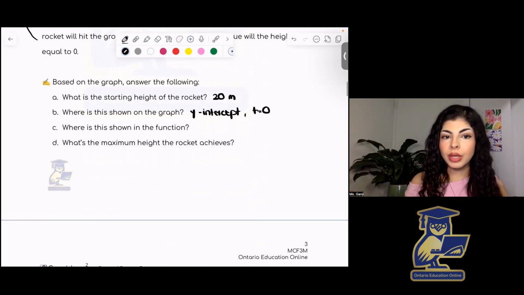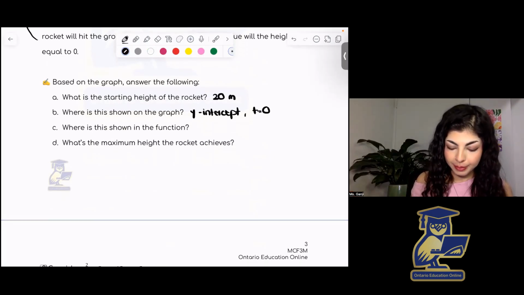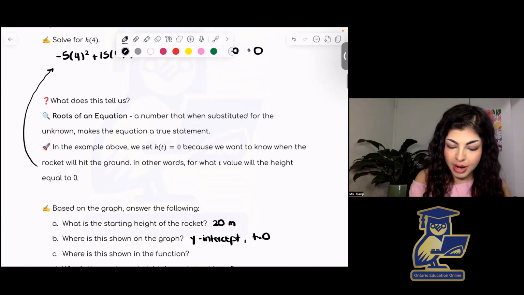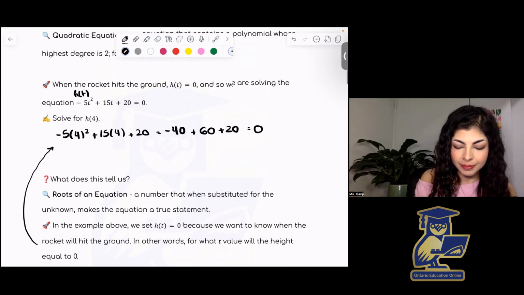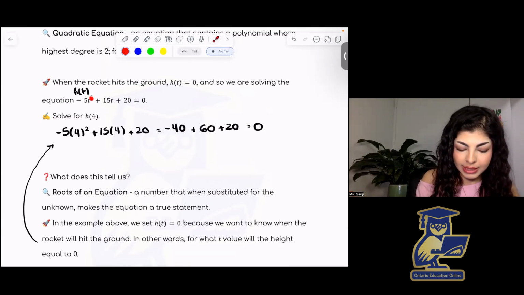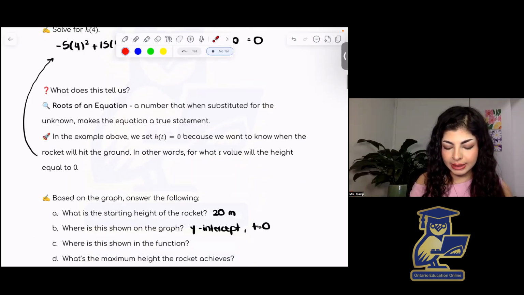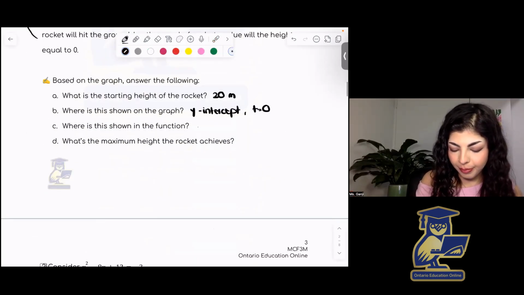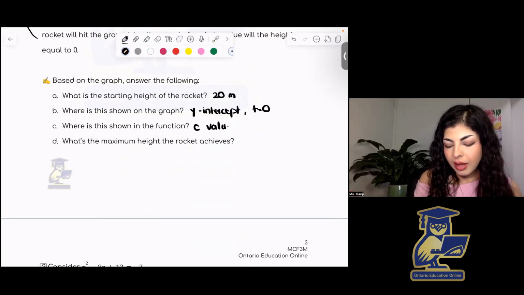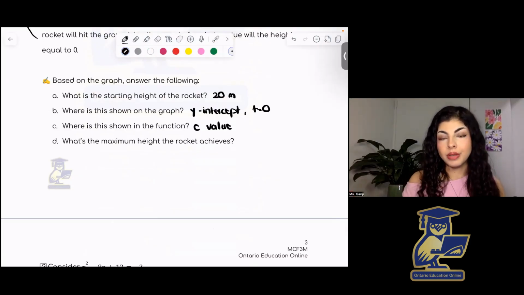And where is this shown in the function? If we go back to our function here, I hope you see that if we set t equals to 0, this is 0, this is 0. So really, this is our c value. And this actually works for any quadratic function.